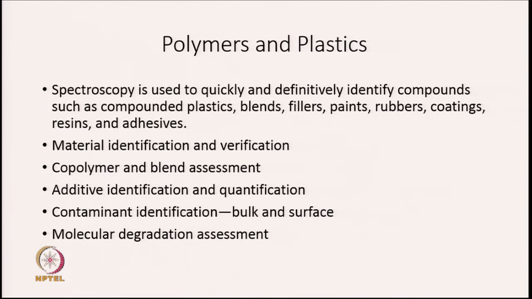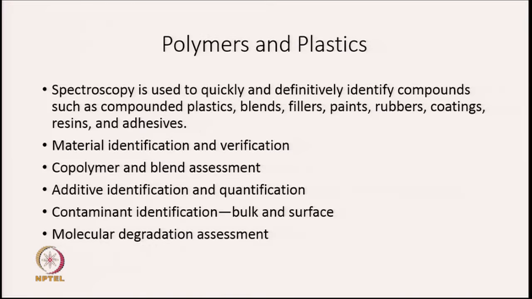It can be used for material identification and verification. It can also be used for copolymer and blend assessment. It can tell you what the additives in those polymers are and what the amount of those additives in that polymer is.